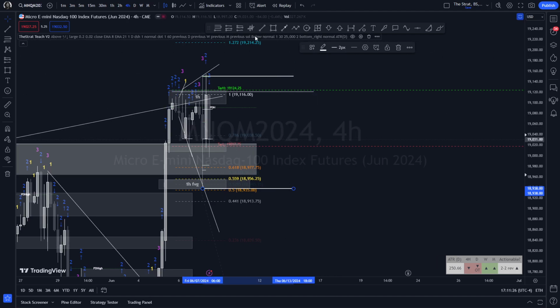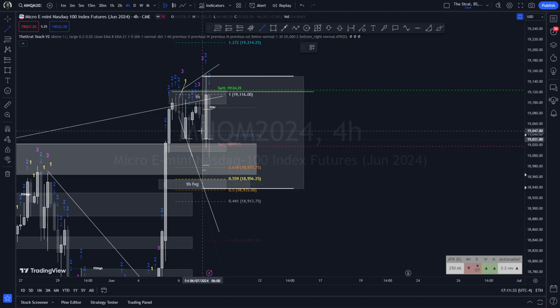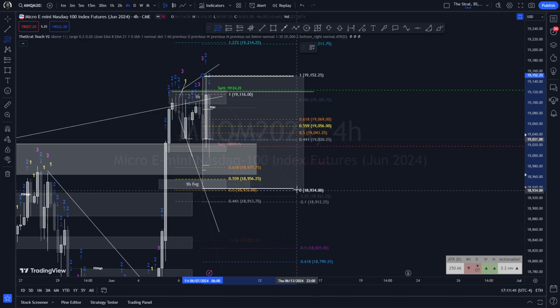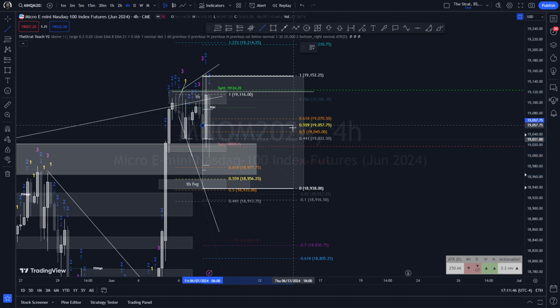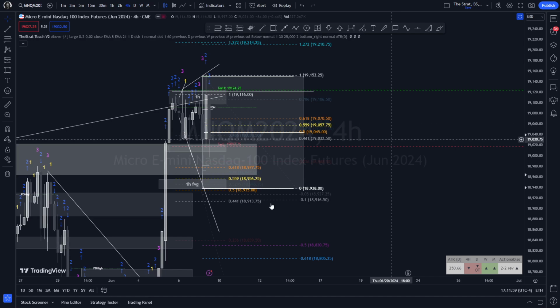If we're looking inside this range here, half of that is going to be here. Actually, it's going to be right here. Typically anything above this is my rule.